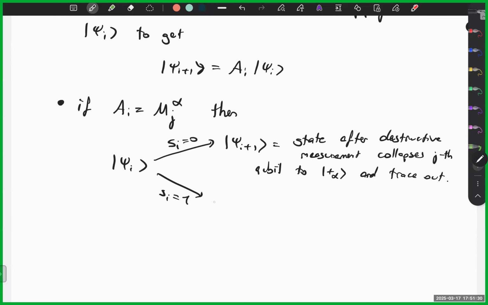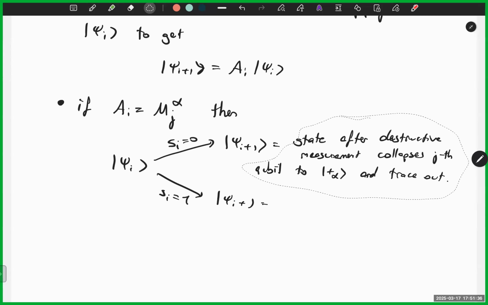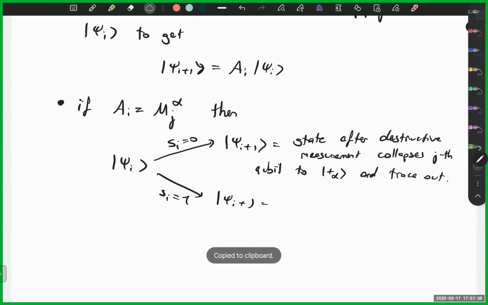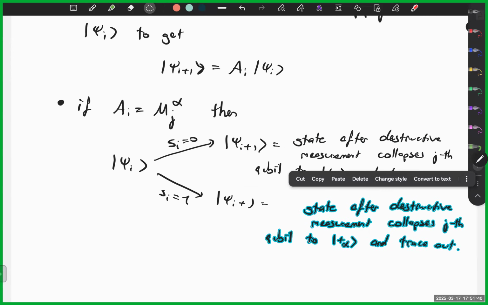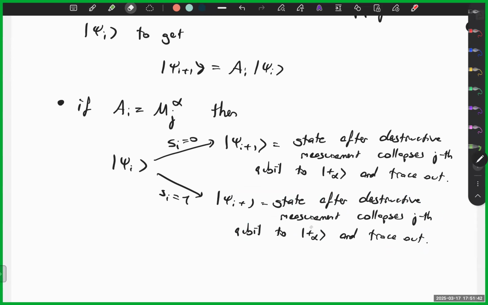And similarly, we have the exact same version here, so I can just copy and paste it here. Basically, we have two options for the measurements.